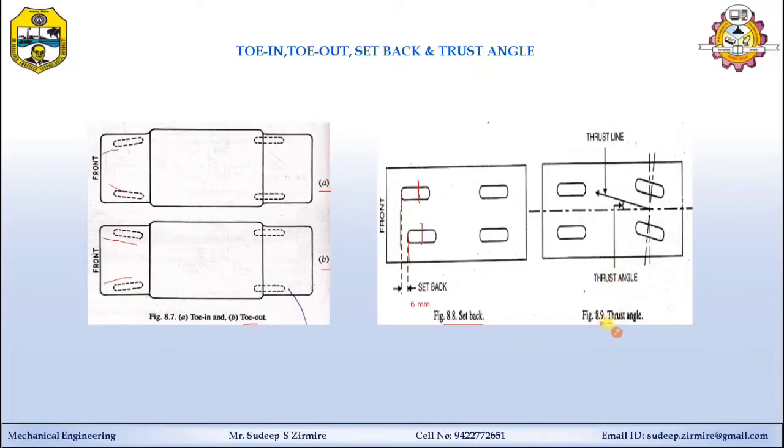Next point is the thrust angle. Actually the thrust angle should be 0. The angle made by the thrust line with respect to the center of the vehicle, if you draw the longitudinal line of the vehicle, the angle made by this is called the thrust angle.